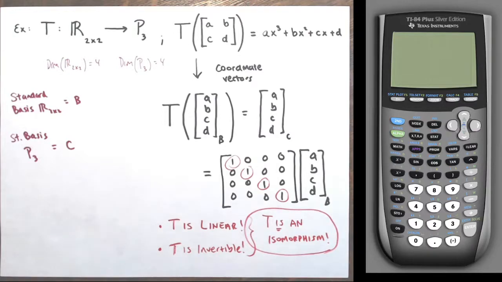I had P2 and R3, those both had dimension 3, and I showed you how one was an isomorphism and one was not. You've got to check.